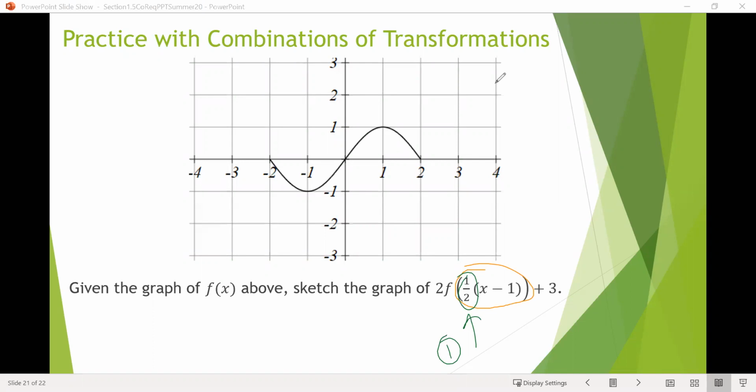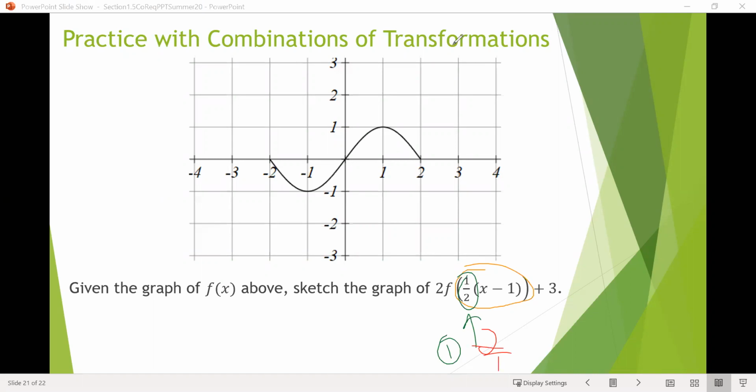Even though it's a number between 0 and 1, it's actually going to stretch my function left to right horizontally. And remember, it stretches by a factor of the reciprocal of 1/2, so by a factor of 2.